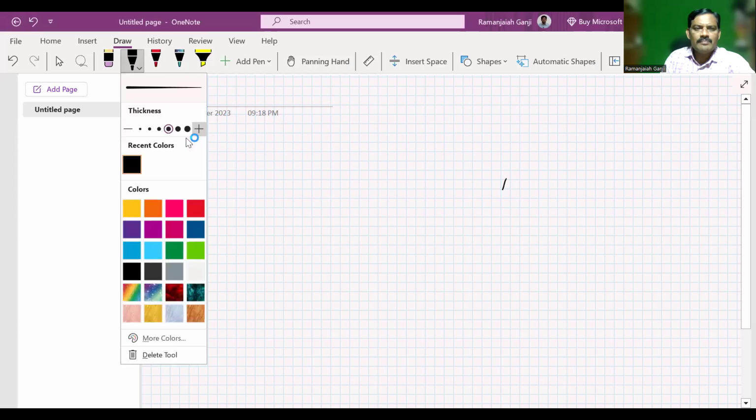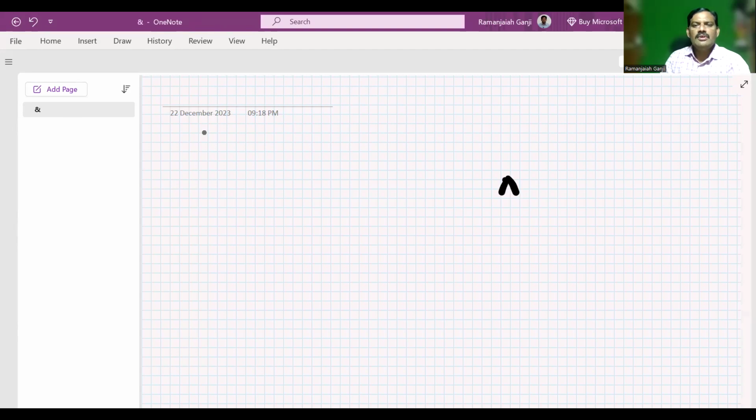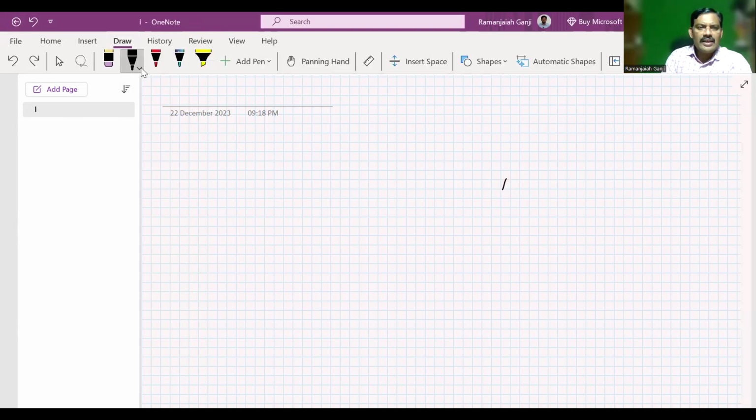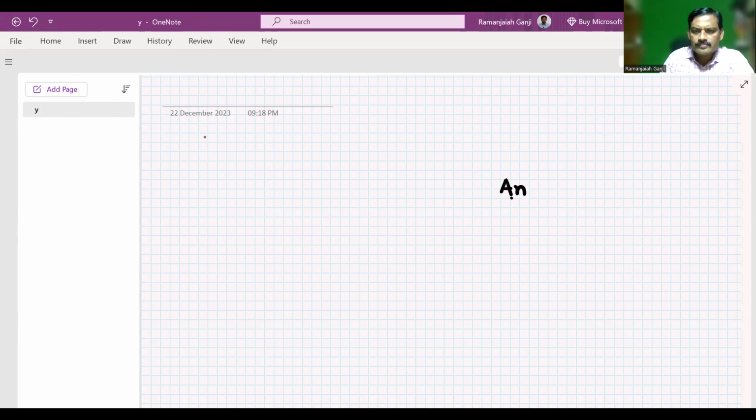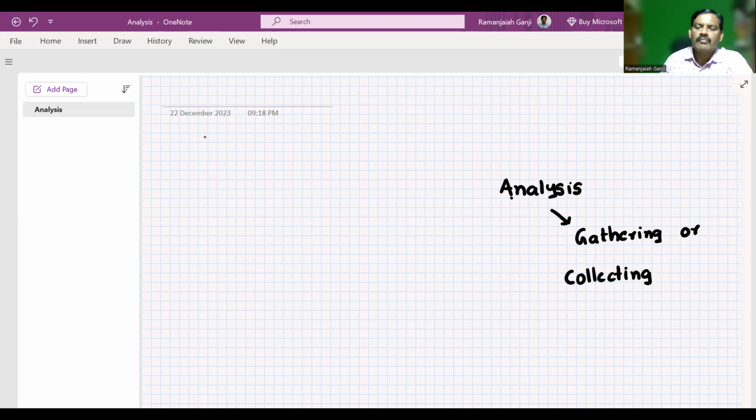Analysis is nothing but gathering of information. Analysis is nothing but gathering or collecting information about the problem.